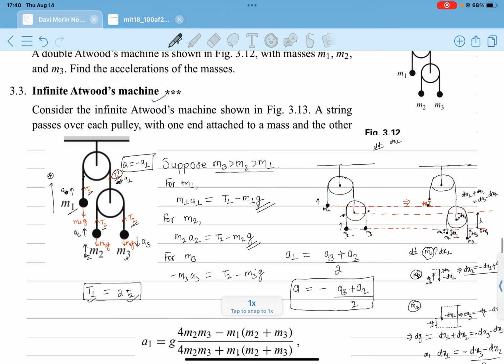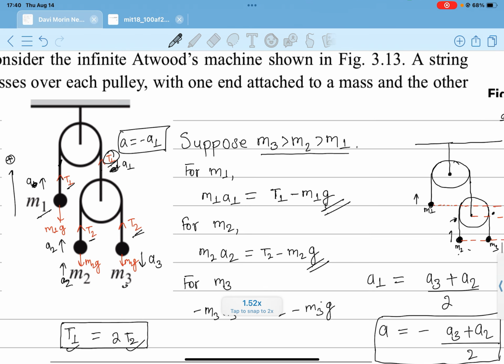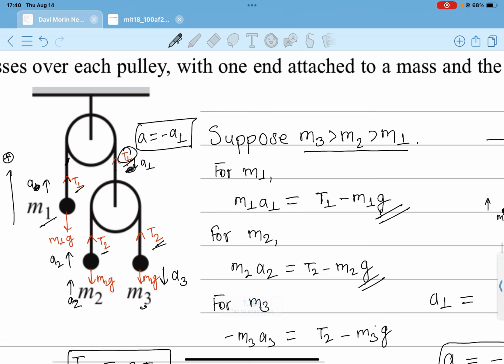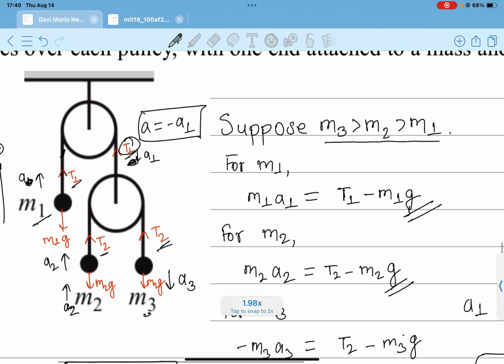First of all, let's write down the forces acting on the masses. Let T1 be the tension in the upper string, and T2 the tension in the lower string.